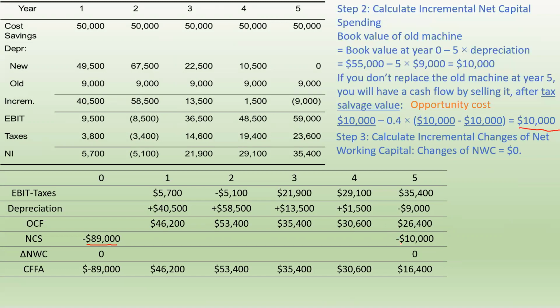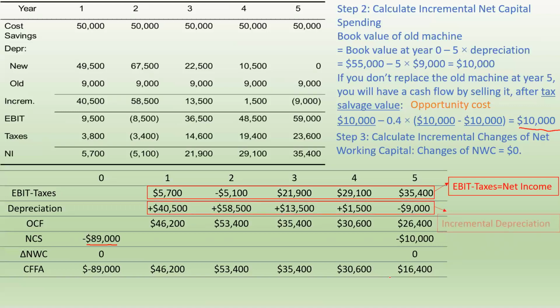Because we sacrifice this opportunity cost. We lost the cash inflow, which equals the cash outflow. No other net capital spending, so that's the cash flow from assets. So this is the cash flow from assets for this replacement decision. Here, this is the net income. Here is the incremental depreciation.